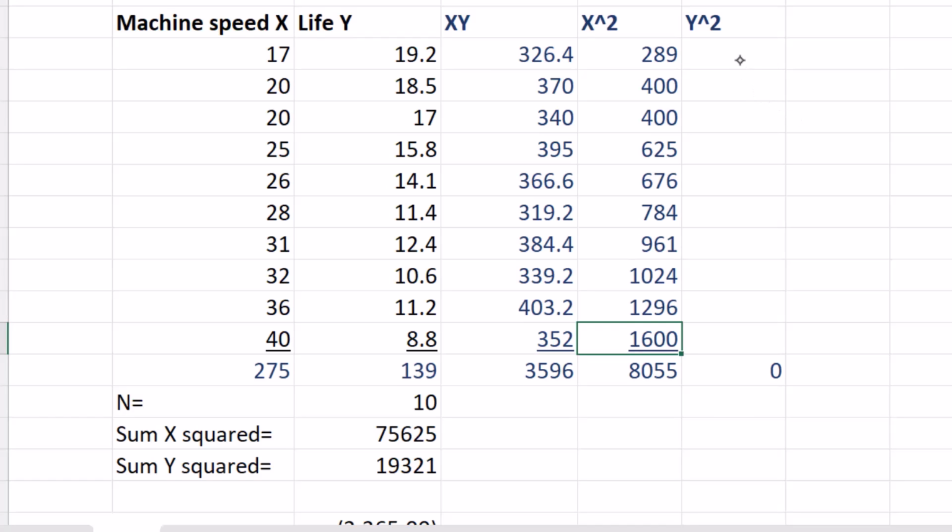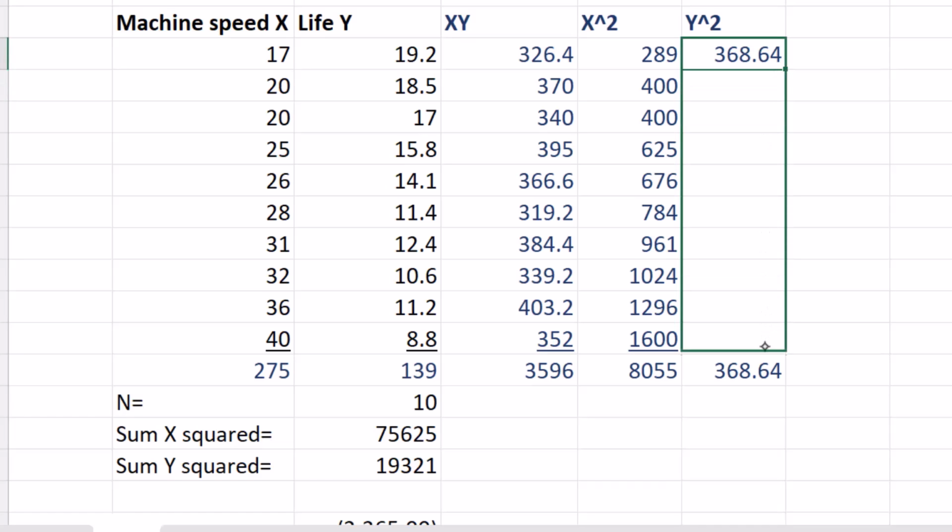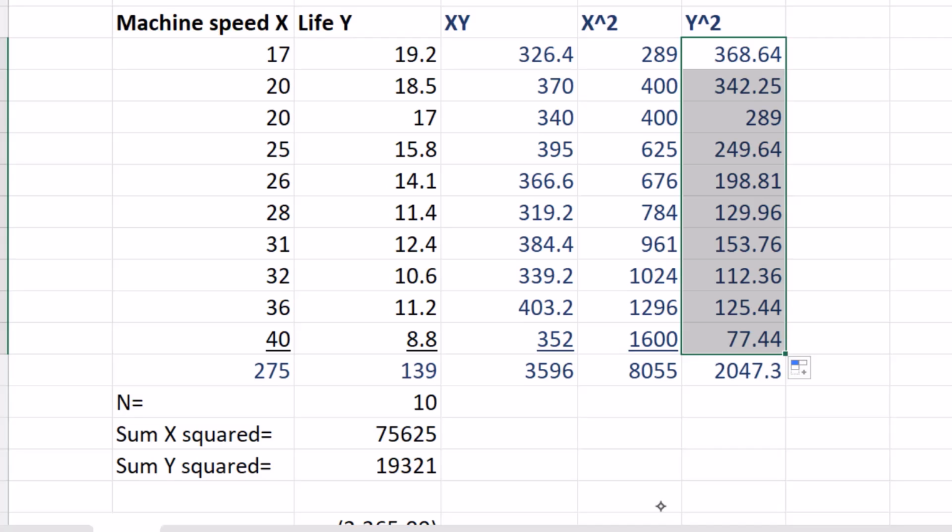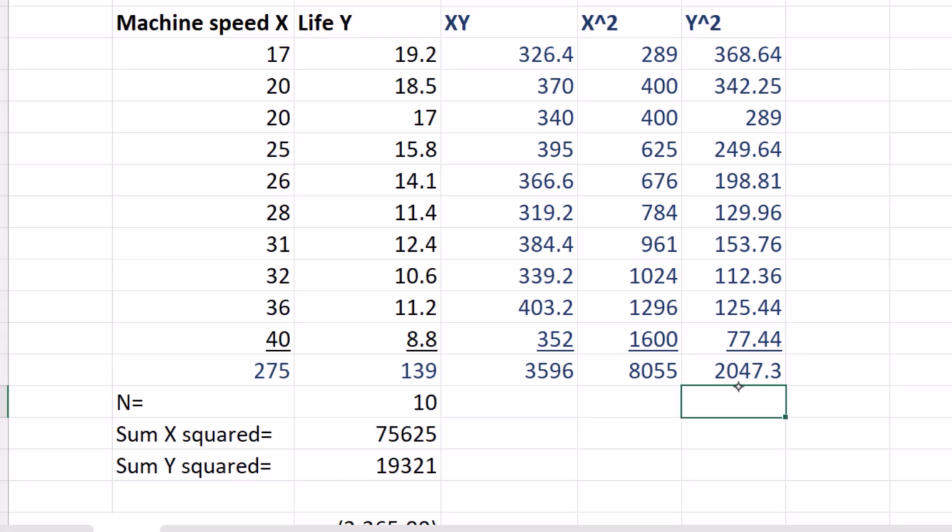And y squared is over here, the power of 2. And we've completed the table. We now have all the data we need for calculating the correlation coefficient.